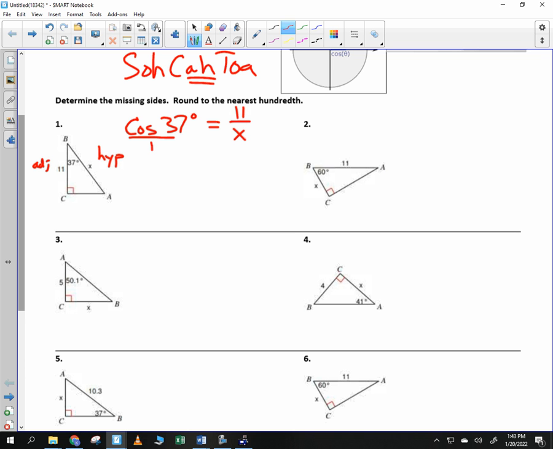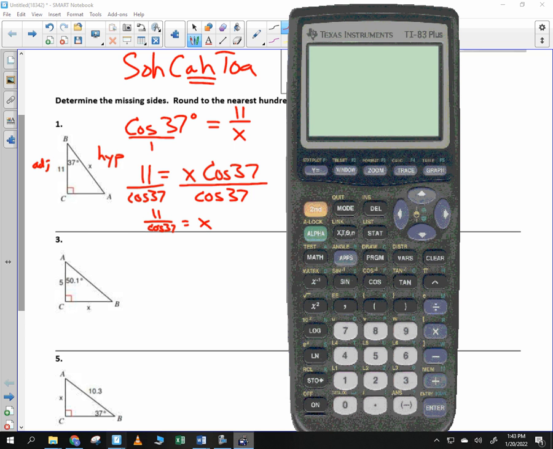As I cross multiply, I get 11 is equal to x cosine of 37. How do I solve for x? Divide both sides by cosine 37. A lot of times this is how they leave it on the ACT or MCA. So we're going to leave it as x equals 11 over cosine 37. 11 divided by cosine of 37.